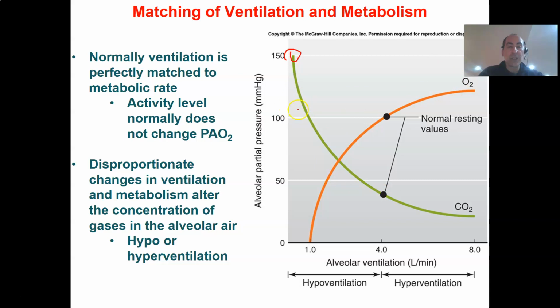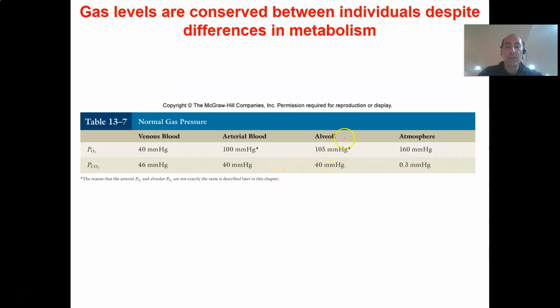We don't usually get to that level in the atmosphere. So in the alveoli, you have O2 pressure slightly above 100. If you go back here, it's about 105 millimeters of mercury, give or take.